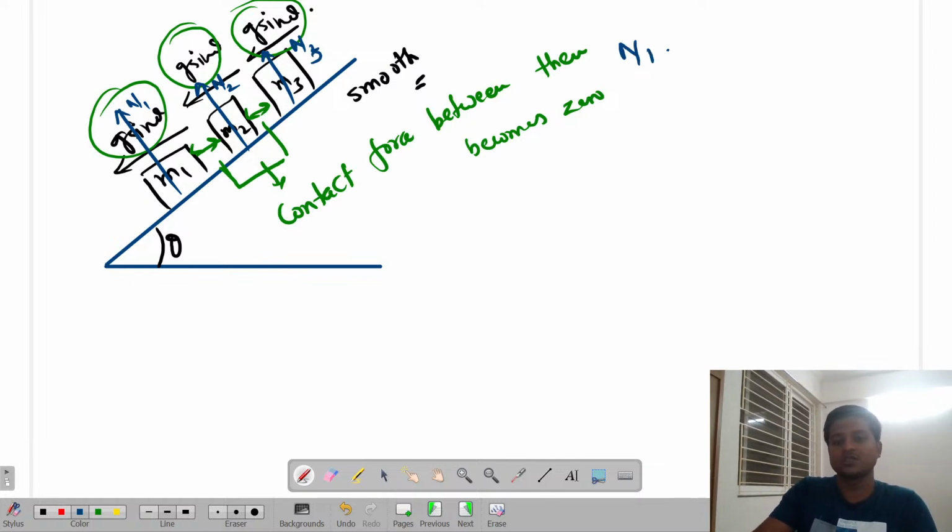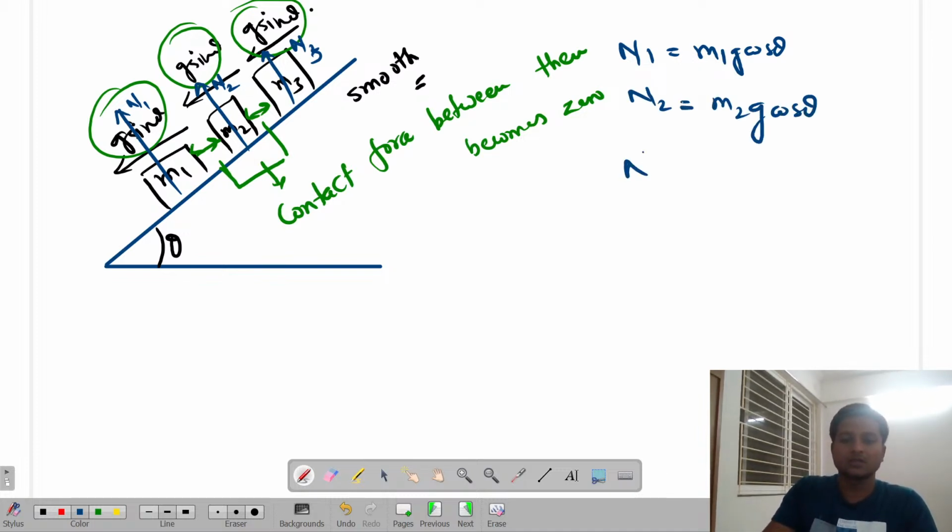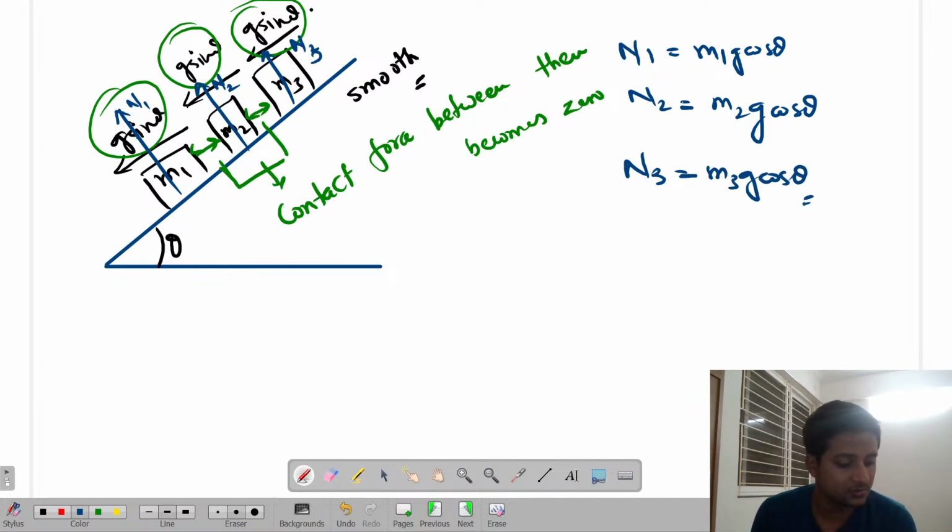N1 is equal to m1 g cos theta, N2 is equal to m2 g cos theta, and N3 is equal to m3 g cos theta. Are you able to get me or not? Understood? Totally?